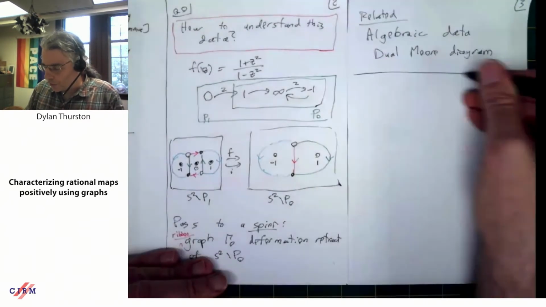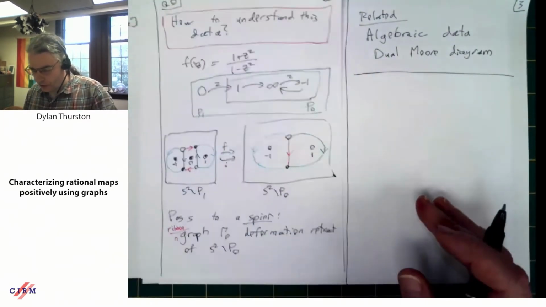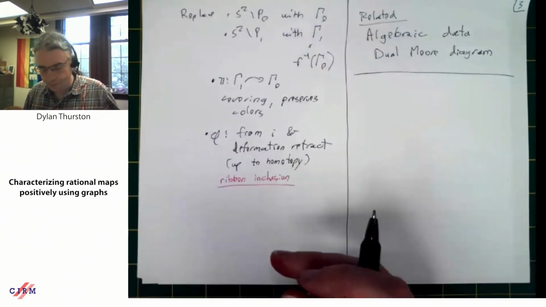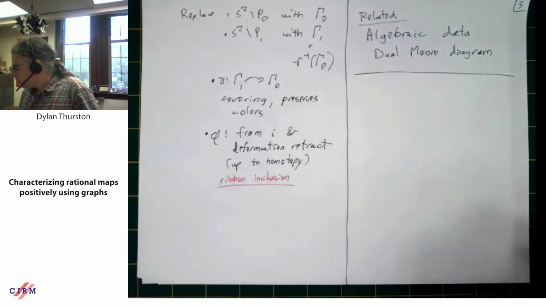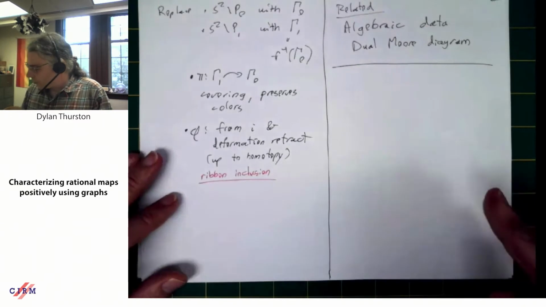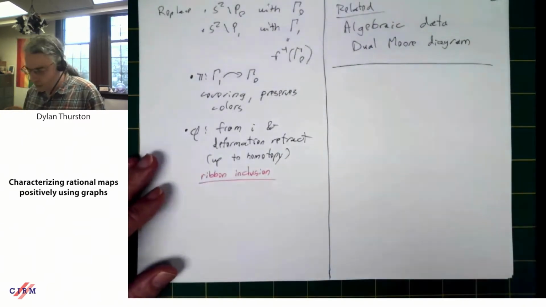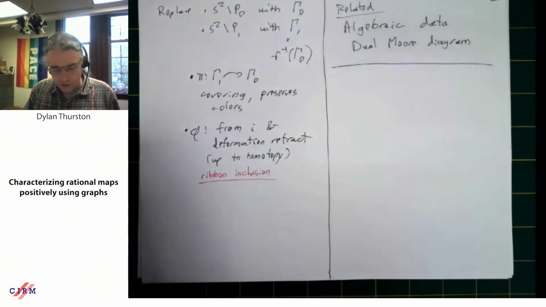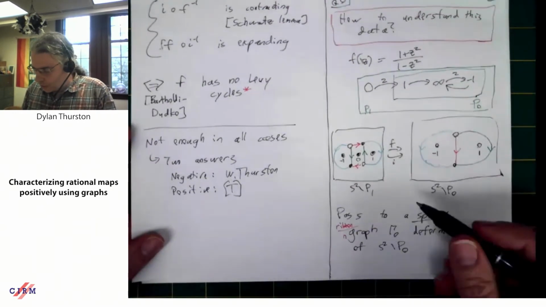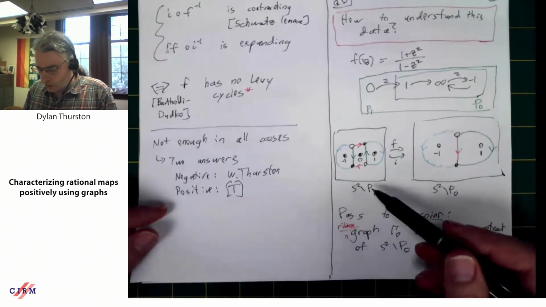So both have natural generalizations, but they have a large overlap. Great. So those are the pictures we're going to think about.